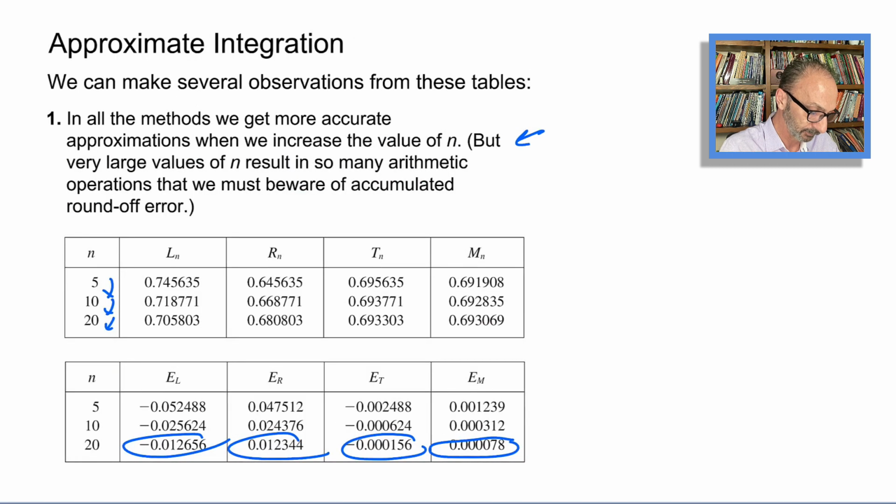Let's take a look. Number 1, as a comment. We can make several observations from these tables. Number 1, in all the methods we get a more accurate approximation when we increase the value of n. So going from n equals 5 to 10 to 20, we could see that we get closer answers compared to the previous ones.